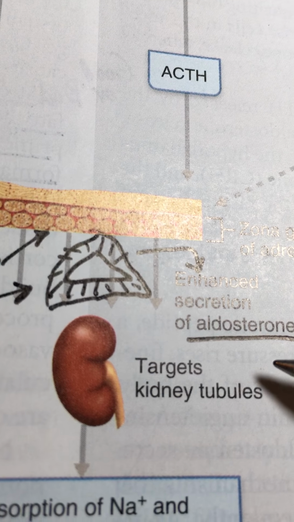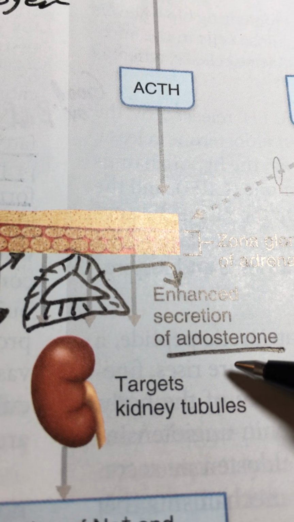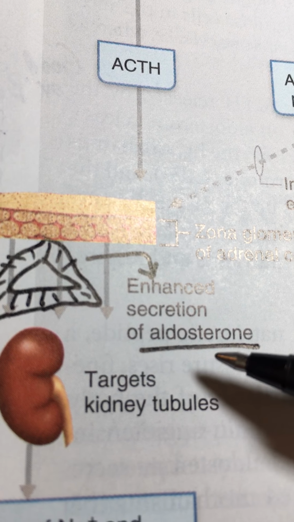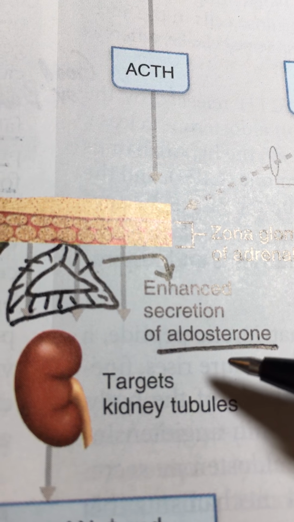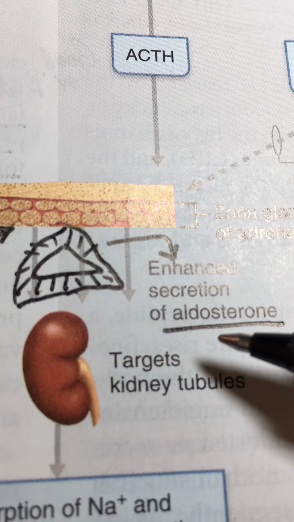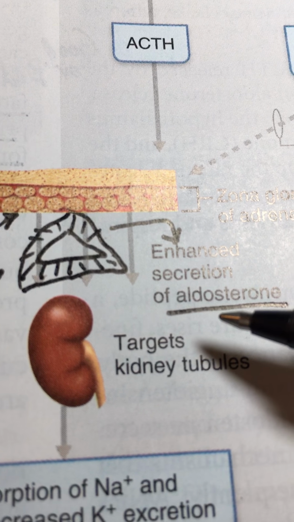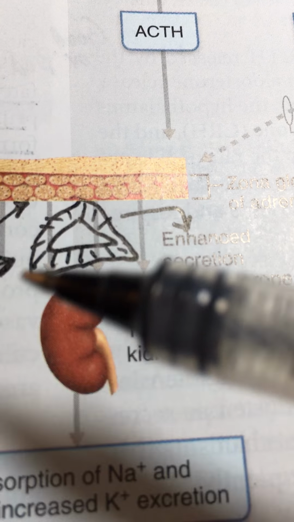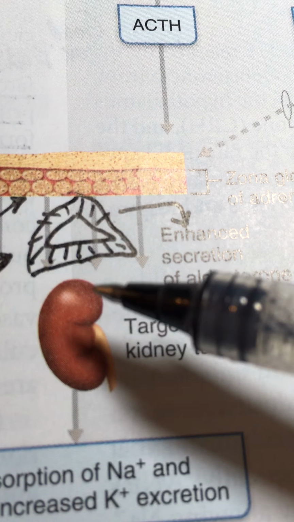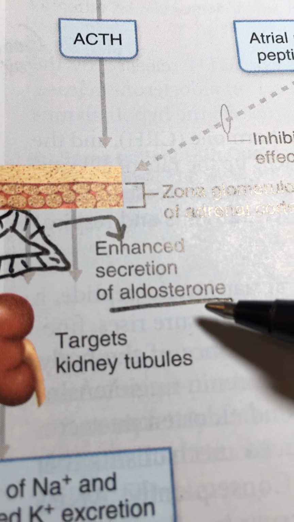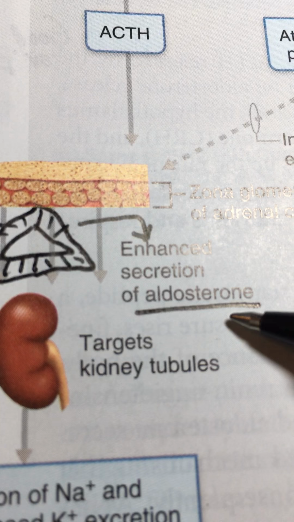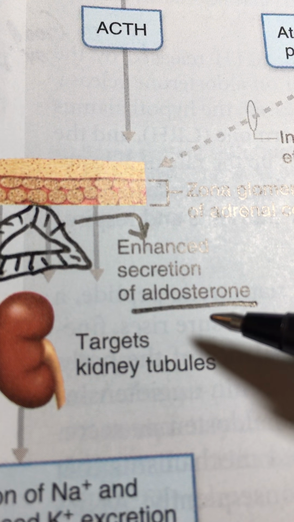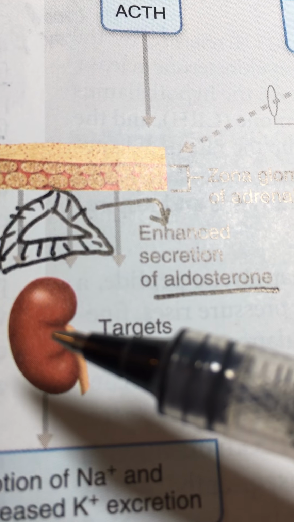Aldosterone has very specific actions in that it actually causes the body to pump sodium back into the interstitial fluid and into the blood capillaries that are nearby in the kidneys that are filtering. Right, so aldosterone is playing this important role. The sodium is being exchanged for potassium. So we need the sodium.